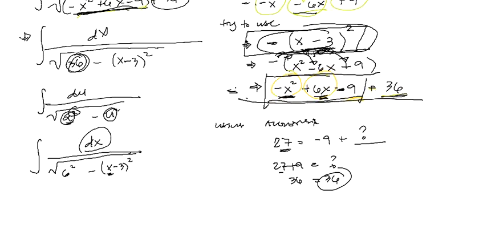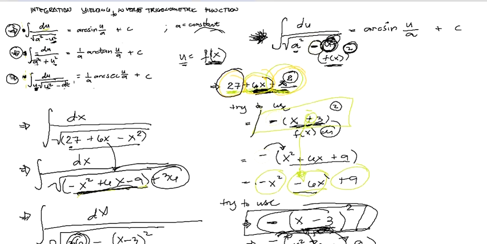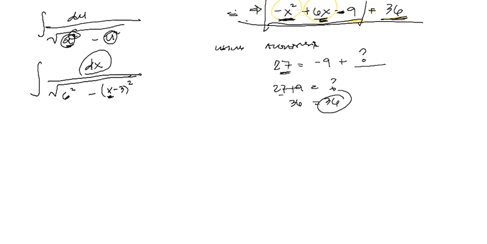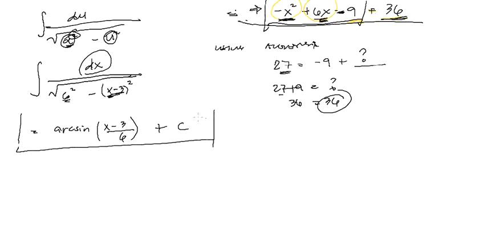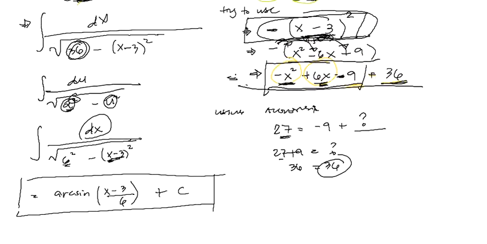So we can now apply our main formula, which leads to arc sine u over a plus c. Our u is x minus 3, and then our constant a is 6, then plus c. There you have it. So our final answer is just arc sine of x minus 3 all over 6 plus c.